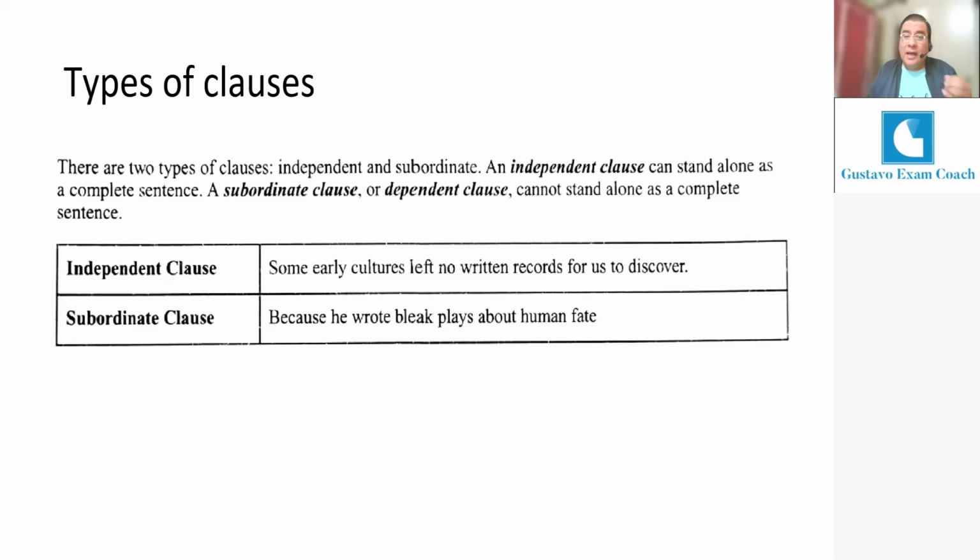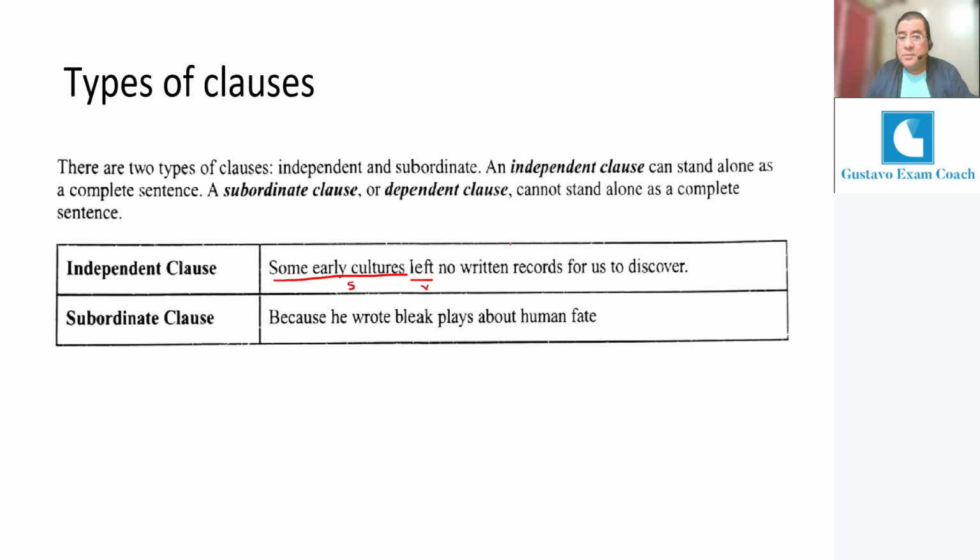Take a look at these two examples. If we say "some early cultures left no written records for us to discover," we can identify that this bunch of words forms a complete thought or idea. We can identify the conjugated verb and subject. Here we have "some early cultures" as the subject, and "left" is the verb.